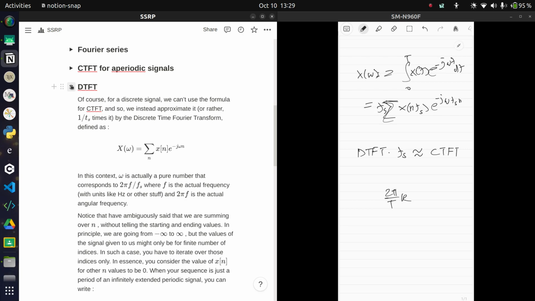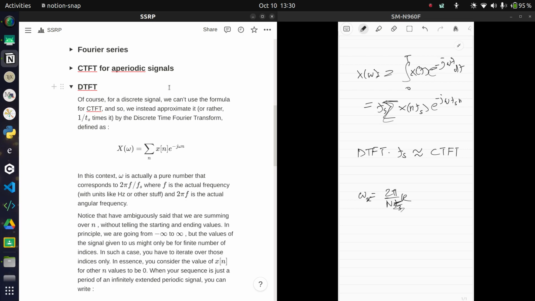Right. But another thing is, since we are sampling and all, might as well write T as N Ts, because you've got N samples and Ts of space between each sample, so we write it as N Ts. And so instead of defining omega like this, we actually define it like this. So it should be omega sub k, 2 pi upon N times k.